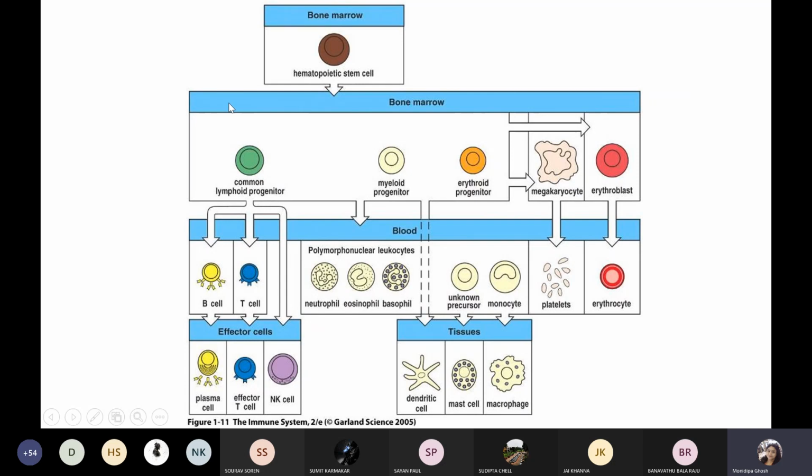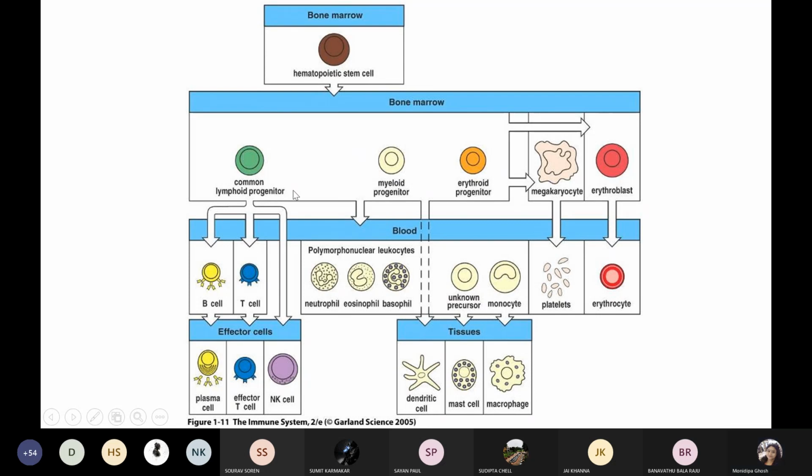Now, the common lymphoid progenitor, they are of these varieties: lymphoid origin, myeloid origin, erythrocytes which have the erythroid origin, and from these, other varieties are developed.